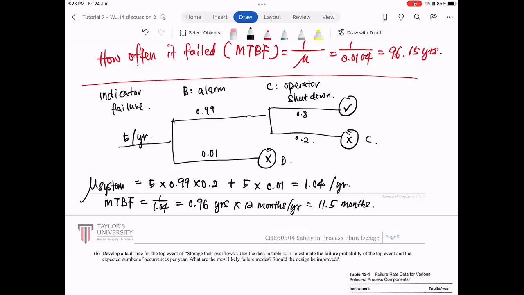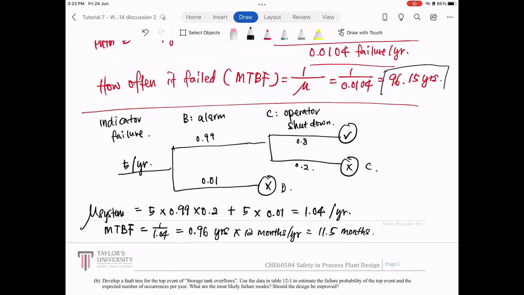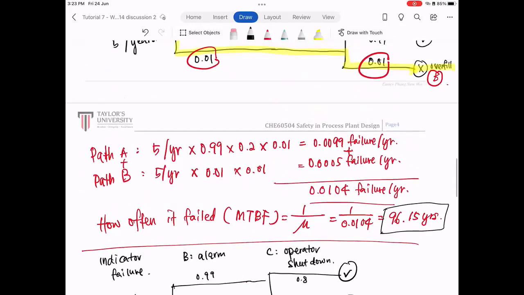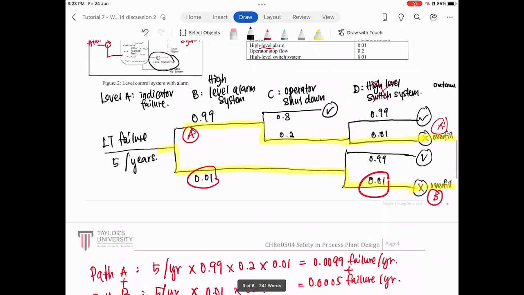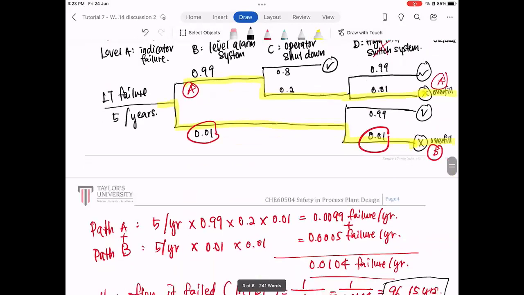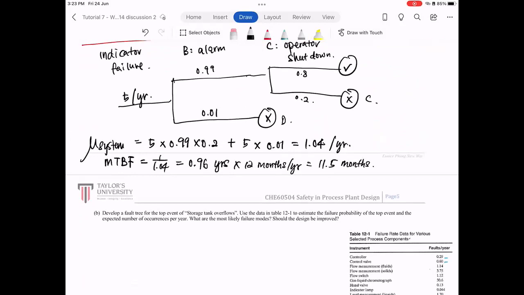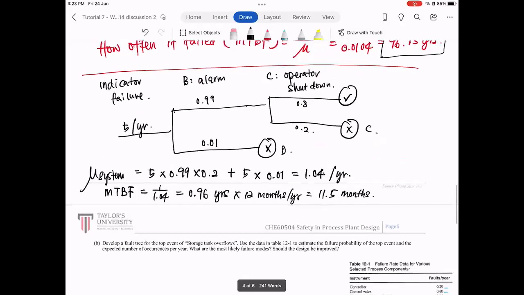Do you see the difference now? When we have one system in there, just with that high-level auto shutdown system, the potential runaway or overfilling of this water tank occurs once every 96 years. Okay? Removing that, we are expecting the system to break down to overfill or overflow every 11.5 months, meaning from 96 years to almost once a year.